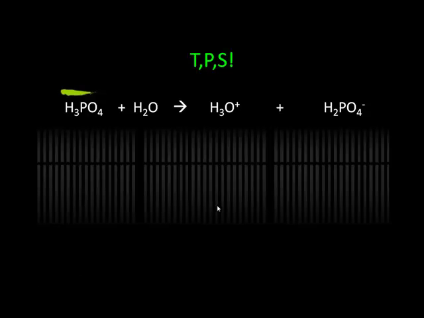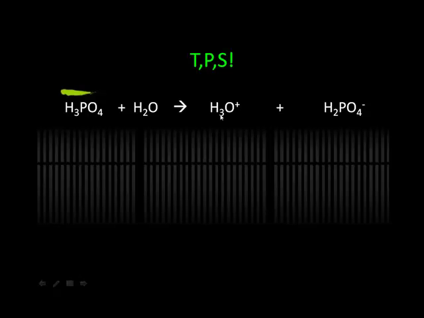This one's a little harder. Notice you have H at the beginning of both of our reactants. So this one, you got to really look at the products. One of our products is H3O plus, the other product is H2PO4. Well, this one's a little easier to see. H3O plus, excuse me, used to be H2O.